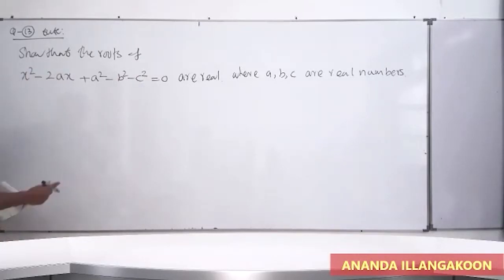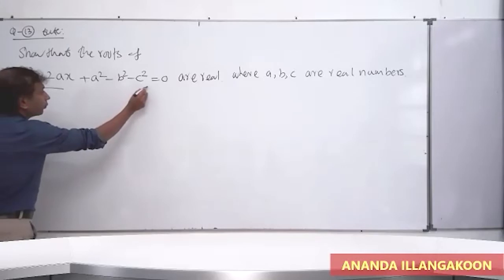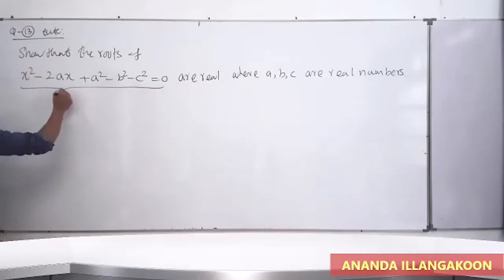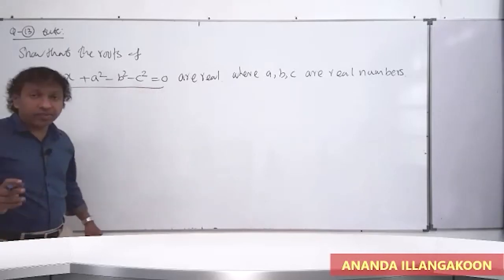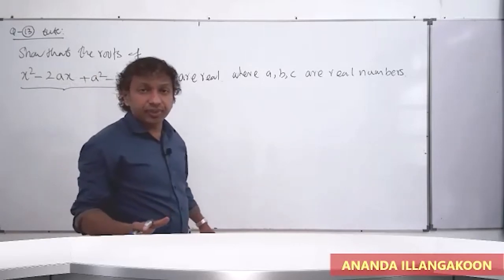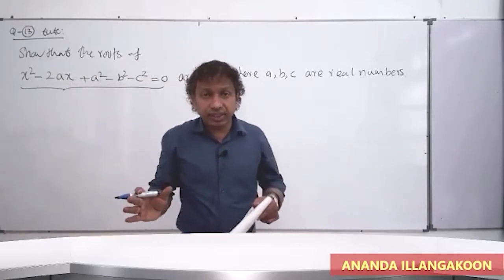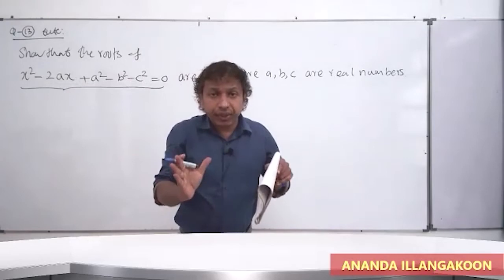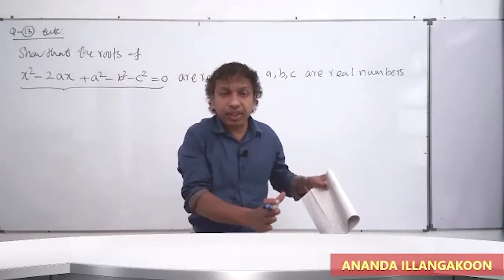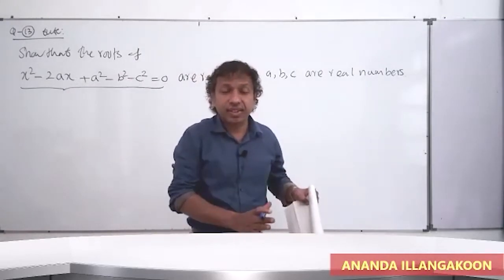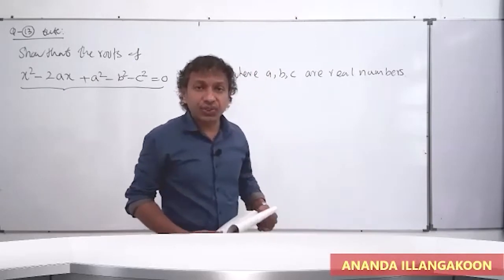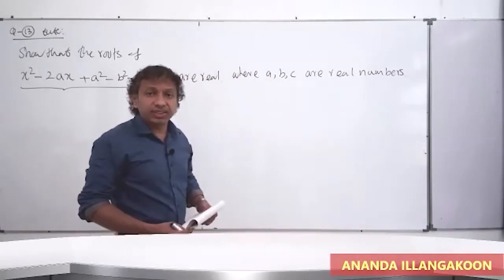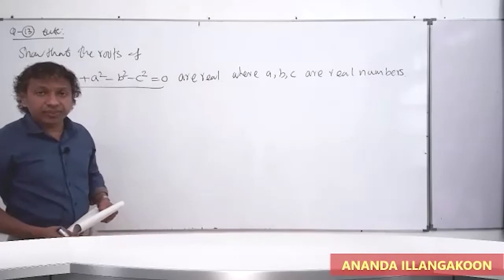What is this really? It is a quadratic equation. A quadratic equation contains an x squared term, an x term, and a term independent of x, equals 0. Such equations we identify as quadratic equations.